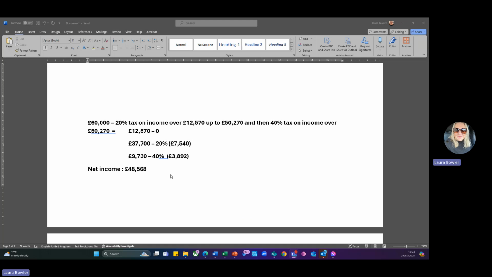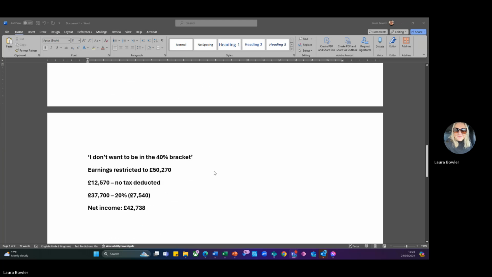If you are someone who doesn't want to take the pension or doesn't want to pay 40% tax, then you're effectively limiting your total income to 50,270, because it's after that amount that we start paying 40% tax. So let's look at that. I don't want to be in the 40% bracket, which means we're automatically restricting our taxable earnings to 50,270. We know that we will pay no tax on the 12,570.